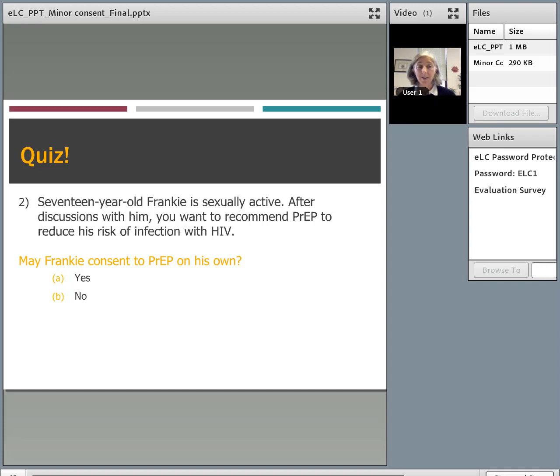A little bit later, we'll talk about a law that allows a minor to use their parent's insurance and still have all of their information protected, but having Medi-Cal minor consent available for PrEP is huge and is relatively new in the state.